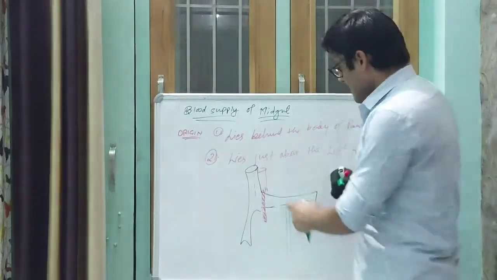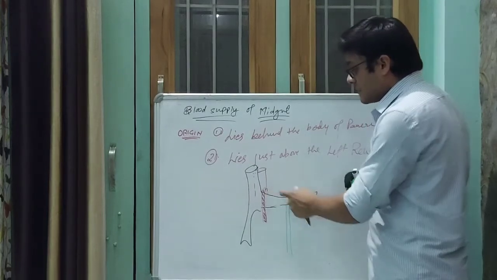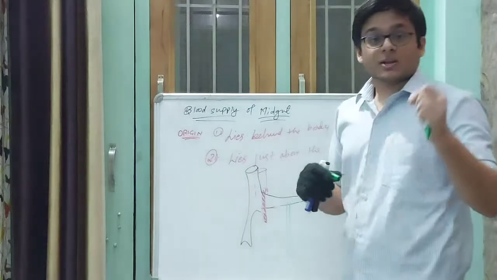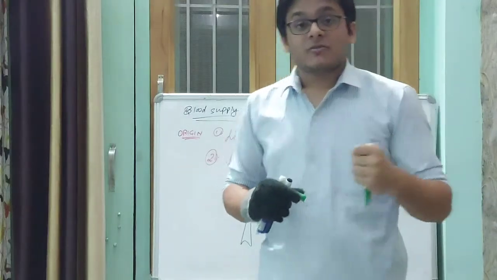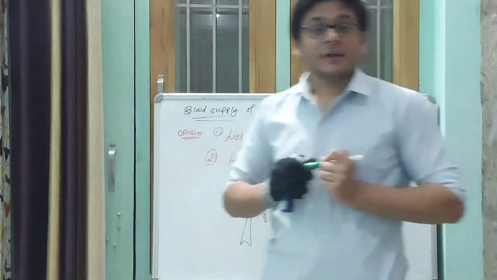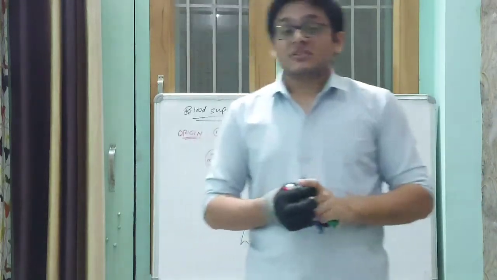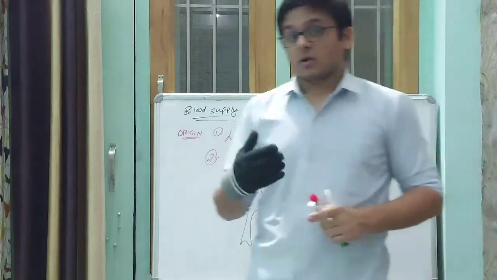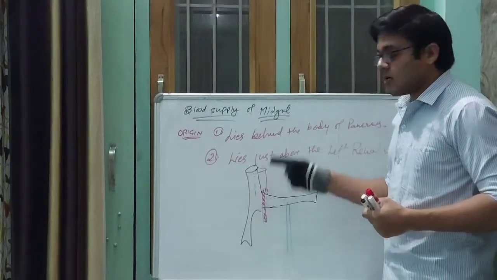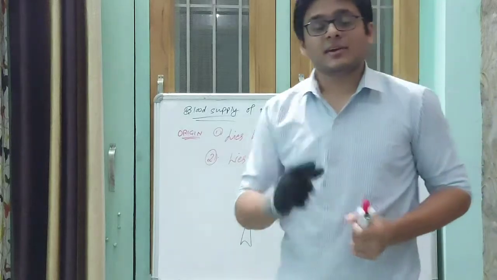If it is compressed by the superior mesenteric artery and abdominal aorta, it leads to non-drainage of blood from the gonads. This may lead to pain in the gonadal area, and especially in males it leads to varicose veins. This is the concept, and it is also known as nutcracker syndrome.